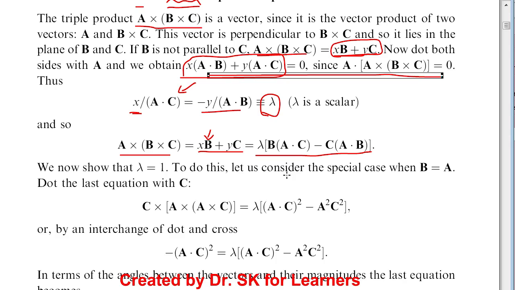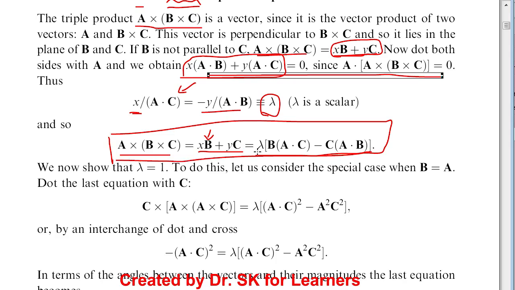So if you assume that lambda is 1, that in practice it has to be 1, so you get this cross product as this thing. Let's try to prove lambda is 1.